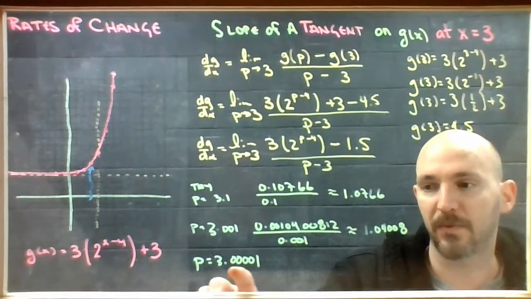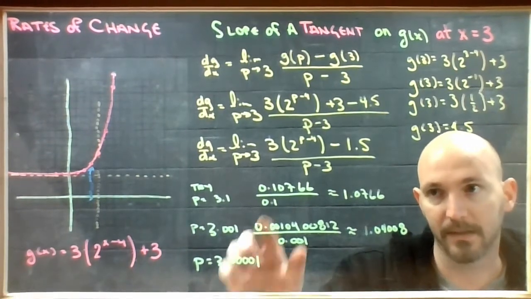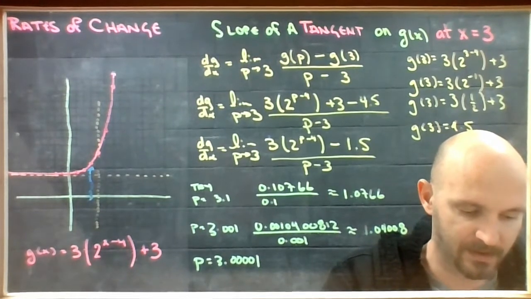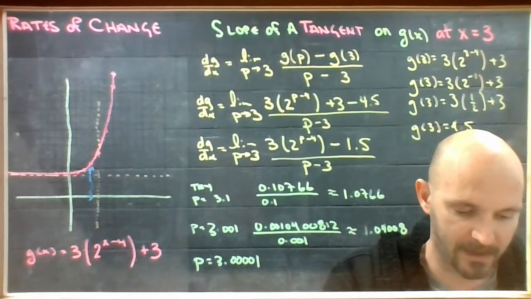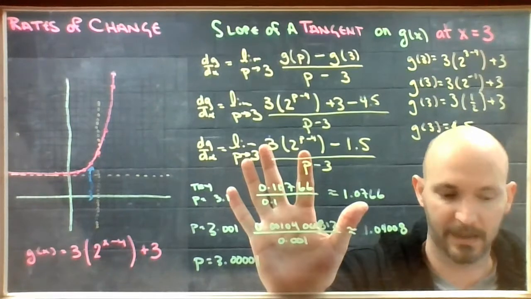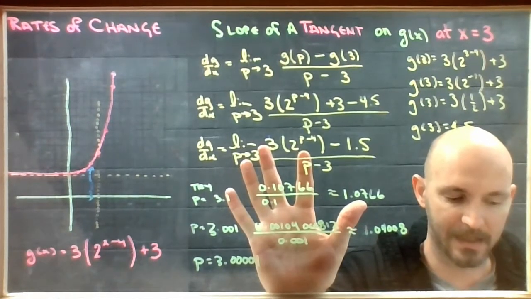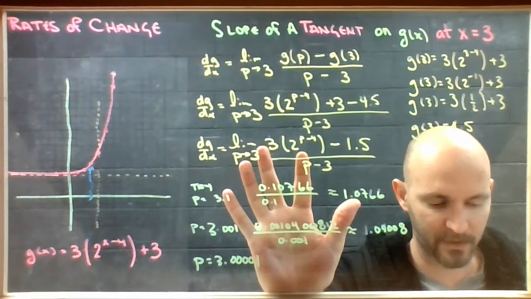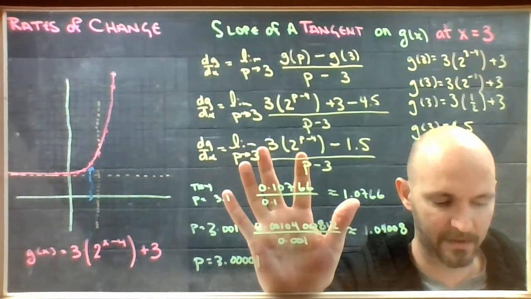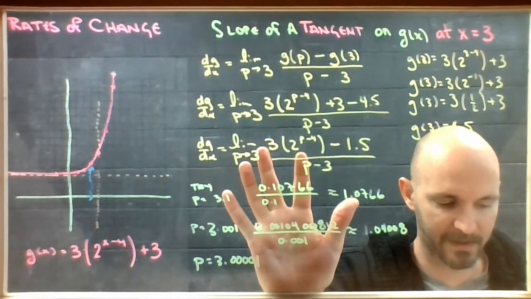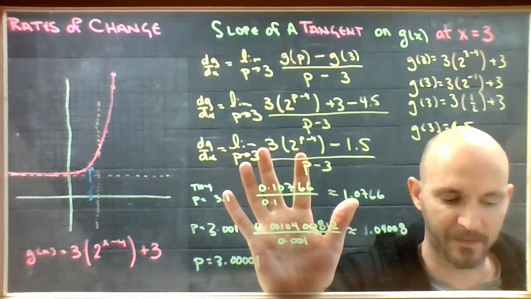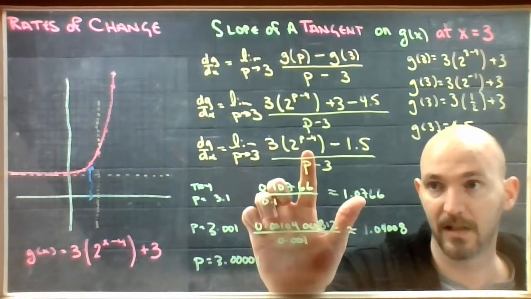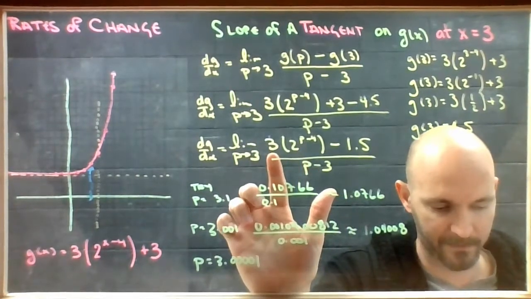If I take 3.00001, put it in there, 3.00001 minus 4 gives me negative 0.99999. That's 5 nines. 2 to the exponent, negative 0.99999, is 0.50000346657. Multiply that by 3.